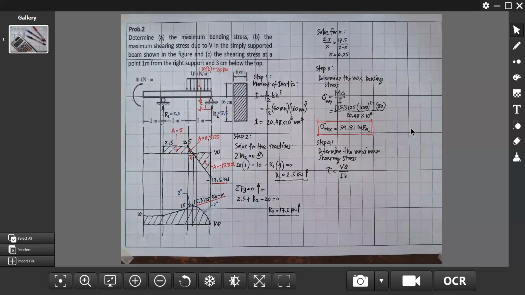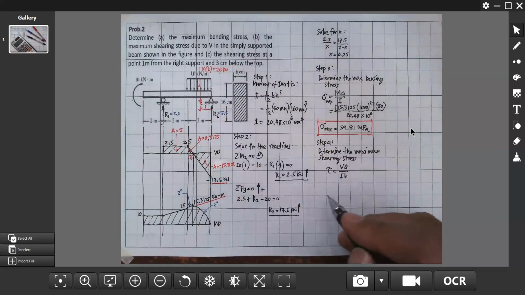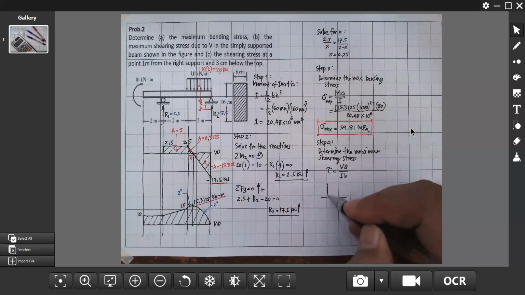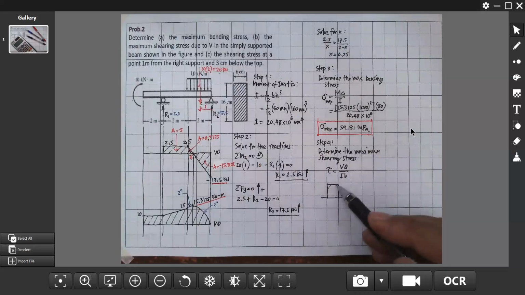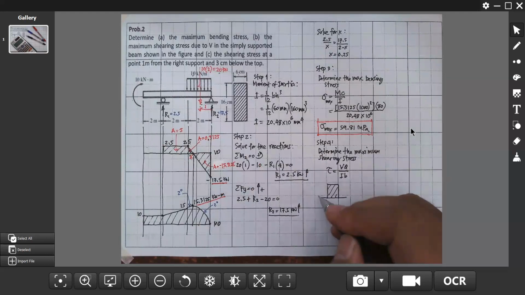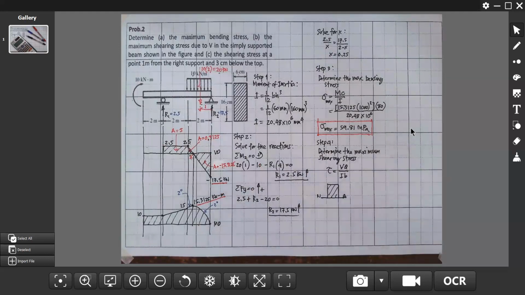Since it is the neutral axis, we cut here at the center. This is our neutral axis.